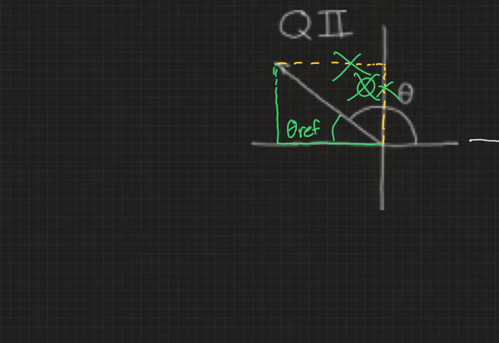Never that. You are always going to drop a line down to, or up to, as you'll see in a moment, the x-axis. That will be your reference angle. None of this stuff. Forget those yellow marks there.